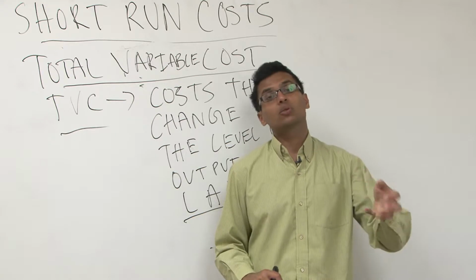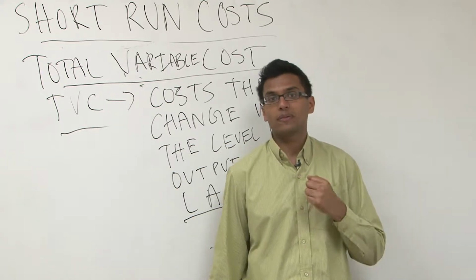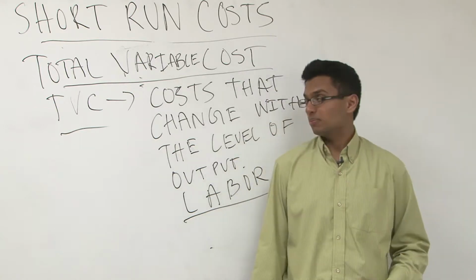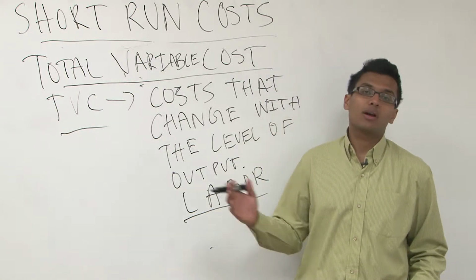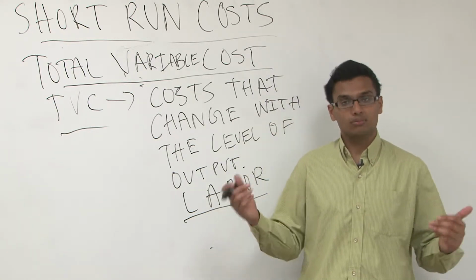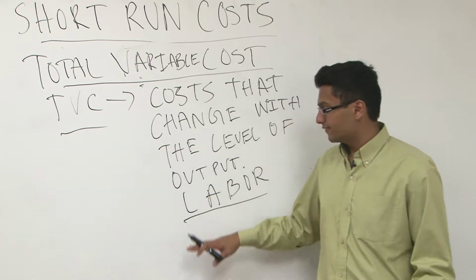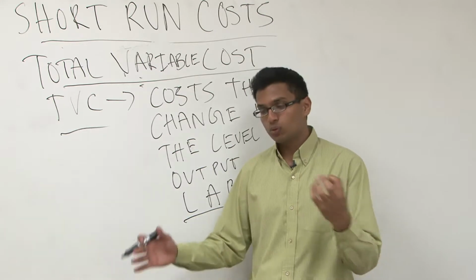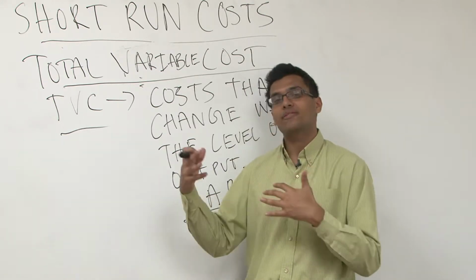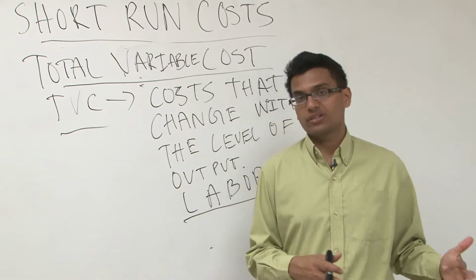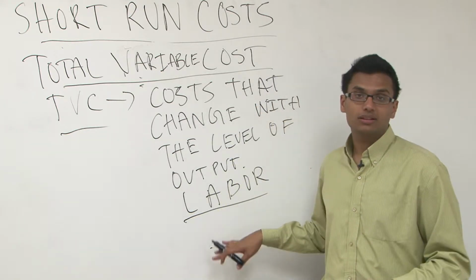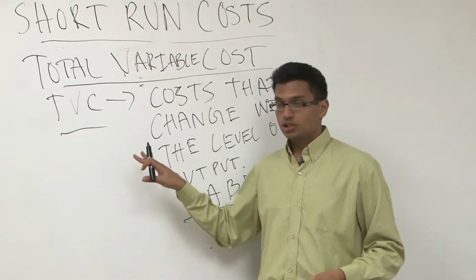If I have two workers, I have to pay obviously twice as much as I have to pay for one worker, assuming both of them are getting paid the same amount. The point is that the more workers you have, typically the more money you have to pay. So that's why labor is variable. Against capital, we said factory. If you have only one factory, no matter how much chocolate you produce in that factory, you're not going to get another factory. So that's why capital is fixed, and labor is not in the short run. So that's total variable costs.